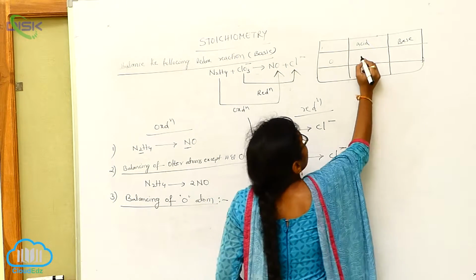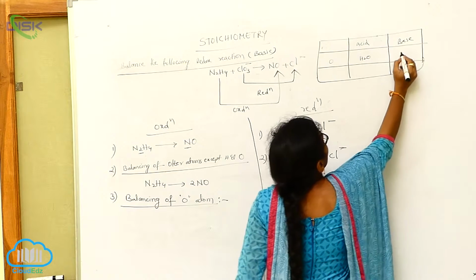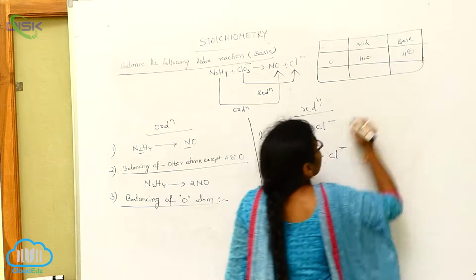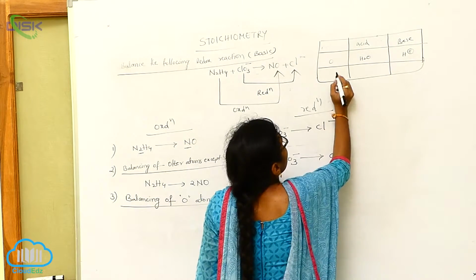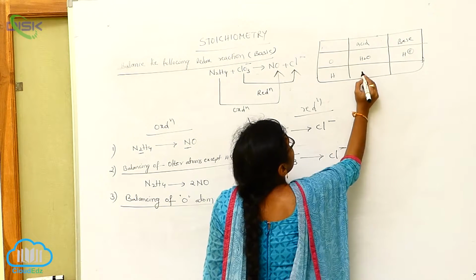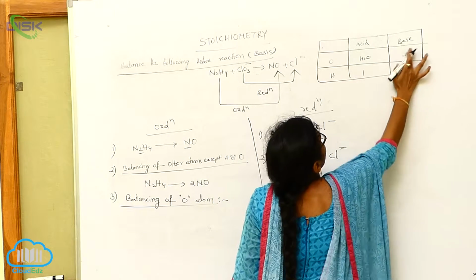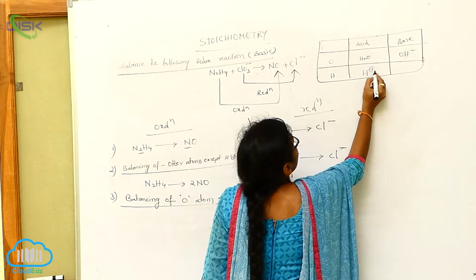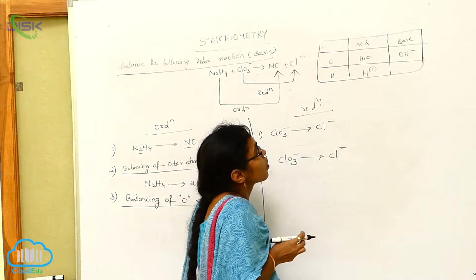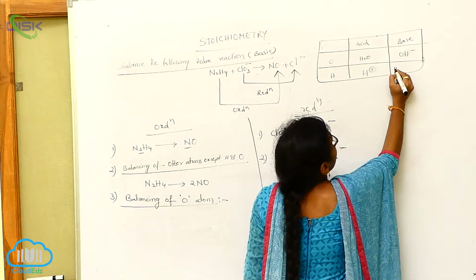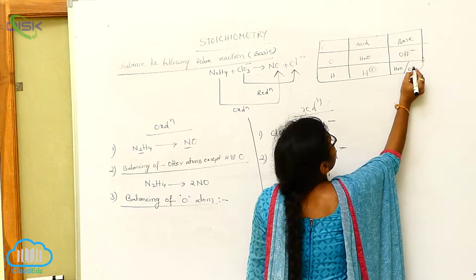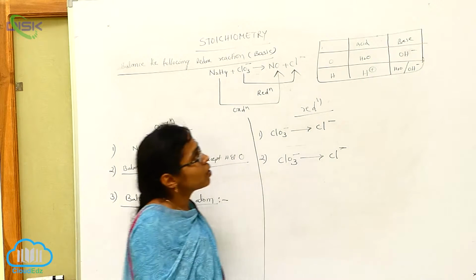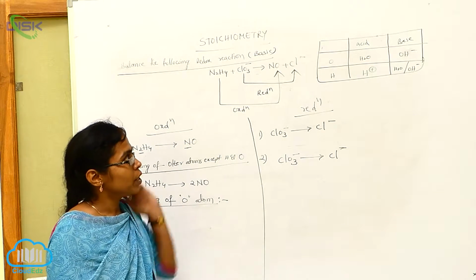In acidic medium, for the balancing of oxygen you can add H2O, and for the balancing of hydrogen atoms you can add H plus. Here, in basic medium, you can add H2O and on the opposite side OH minus. It is our rule, don't forget that one.